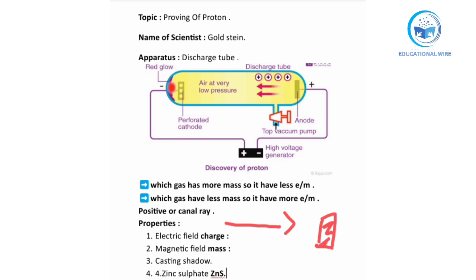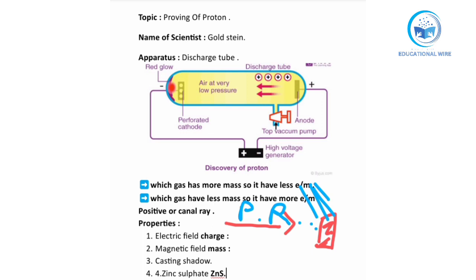When the positive ray, PR, comes to the zinc sulfate, the zinc sulfate glows brightly, meaning it glows more, because the positive ray has a heavy mass, and heavy mass gives more glow than less mass.